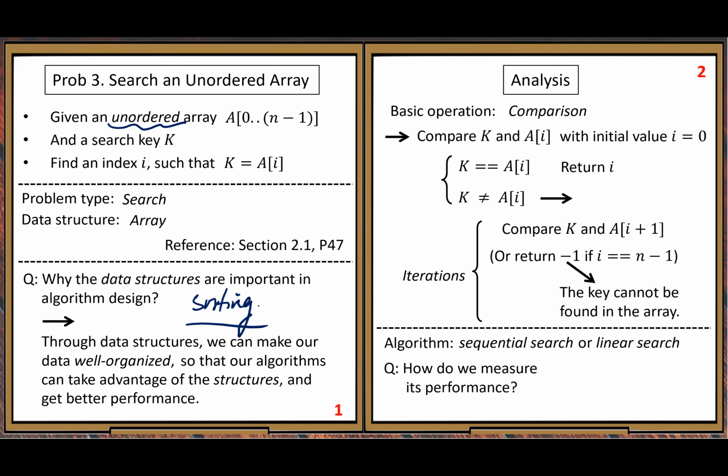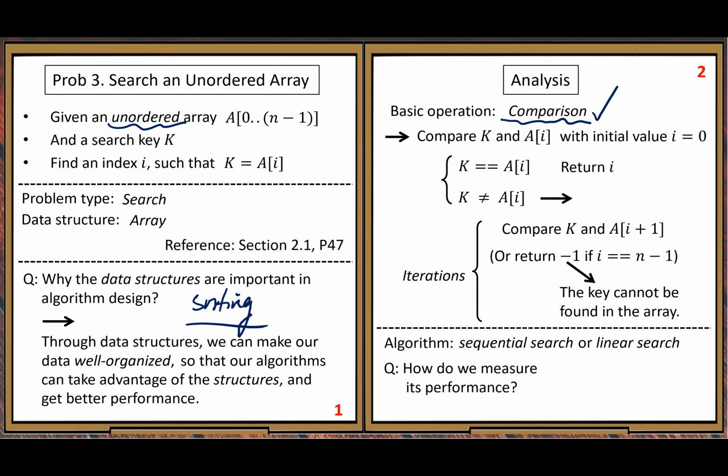Here, this question, how do we measure its performance? We know its basic operation is comparison. In this question, we do not do addition, we do not do multiplication, as in our polynomial evaluation. So our basic operation is comparison.